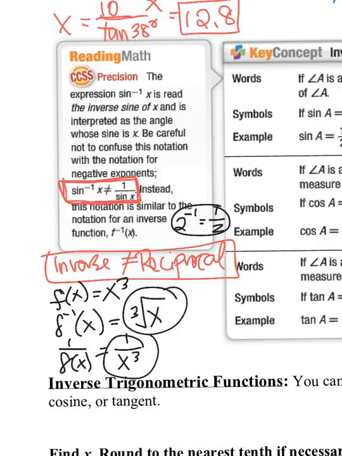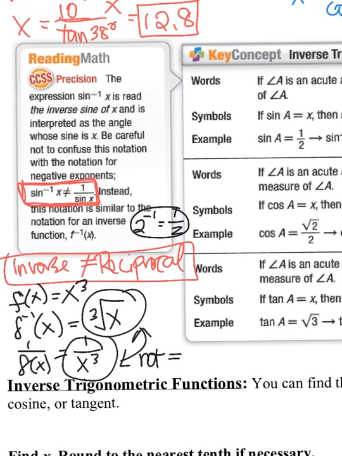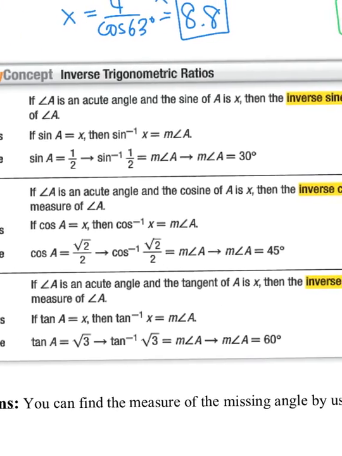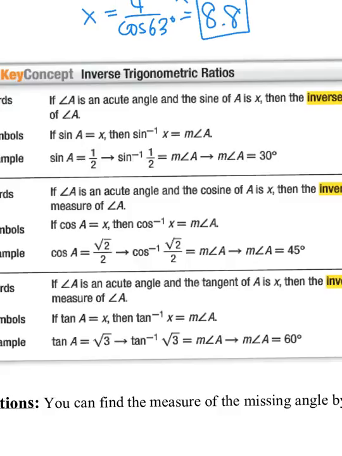And you can see that these are definitely not the same. They're not equal. So notation-wise, make sure you distinguish between inverse versus reciprocal. In this case, we're talking about the inverse of these three trig functions: inverse sine, inverse cosine, and inverse tangent. And that allows us to find missing angles.